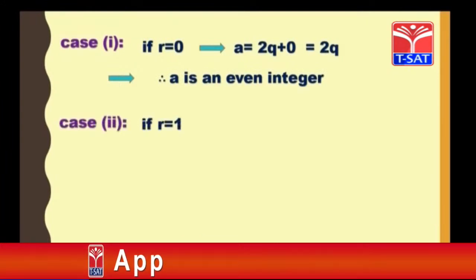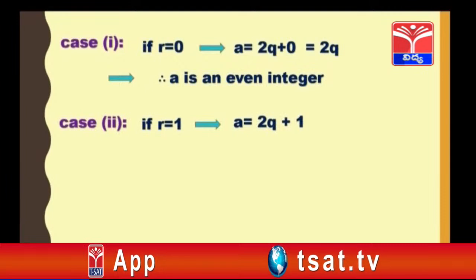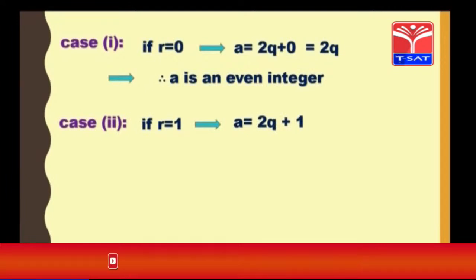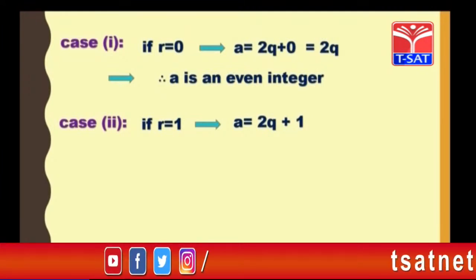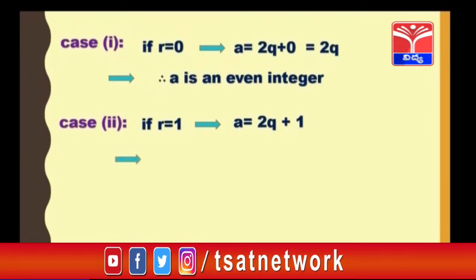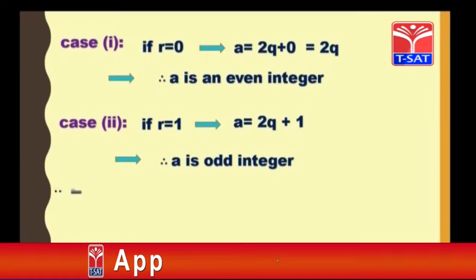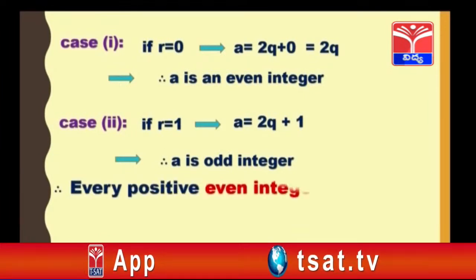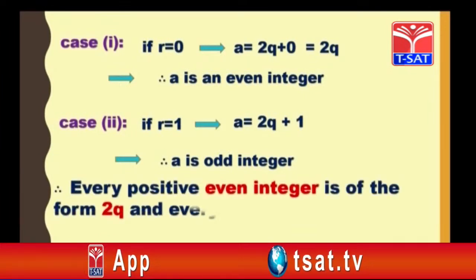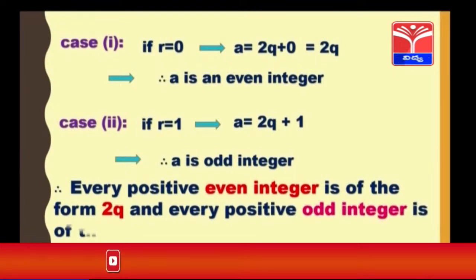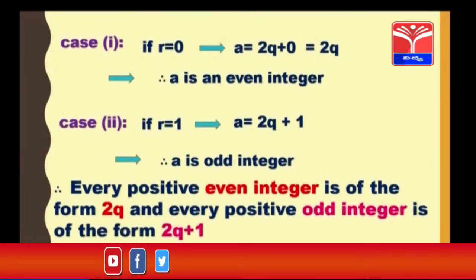If r is equal to 1, a is equal to 2q plus 1. 2q is an even number, and if I add 1, it will definitely become an odd integer. Therefore a is an odd integer. With this I can conclude that every positive even integer is of the form 2q and every positive odd integer is of the form 2q plus 1.